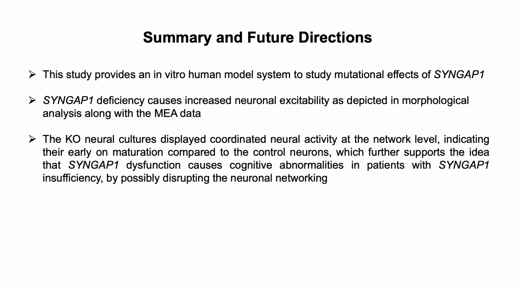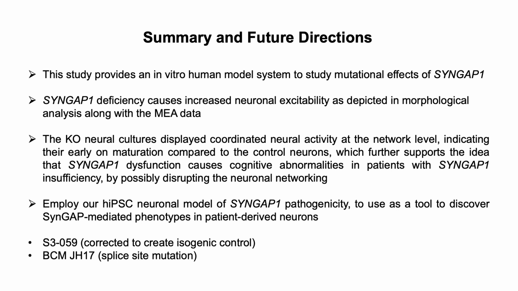The main results showed that the knockout neural cultures displayed coordinated neural activity at a network level, indicating their early maturation compared to the wild type controls, which further supports the idea that SYNGAP1 dysfunction causes cognitive abnormalities in patients with SYNGAP1 deficiency by possibly disrupting the neuronal networking.